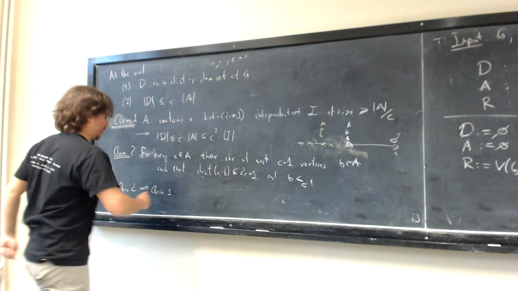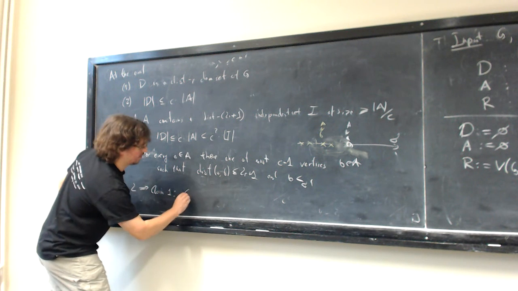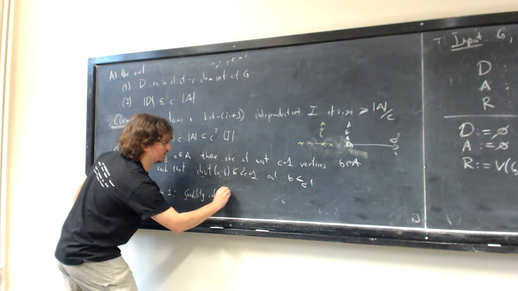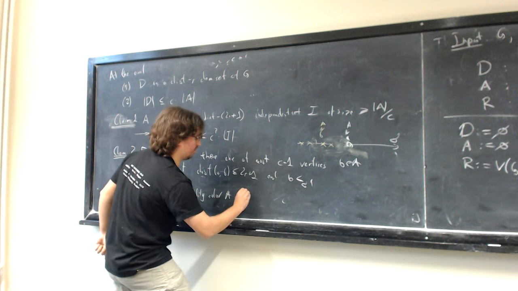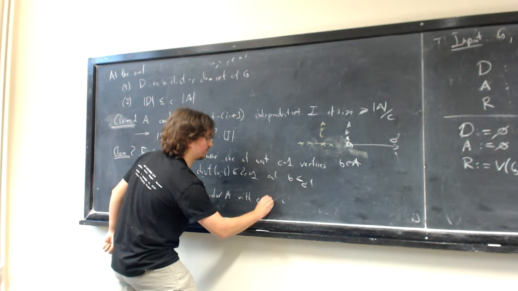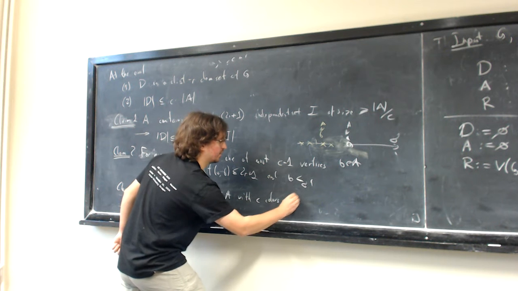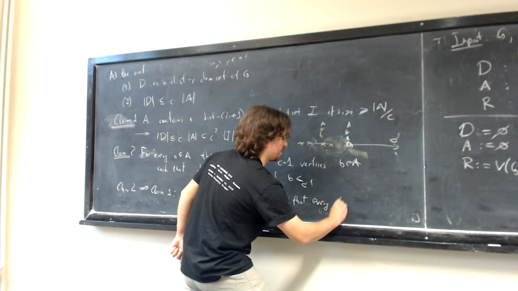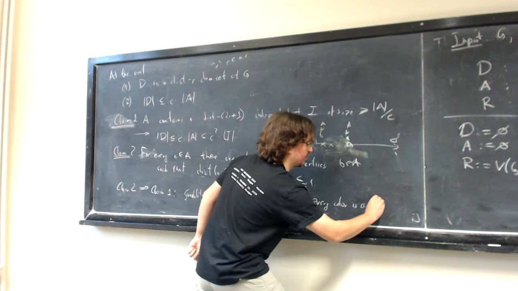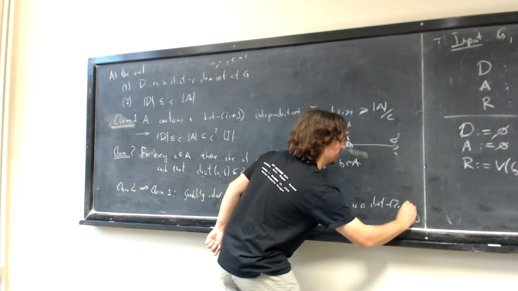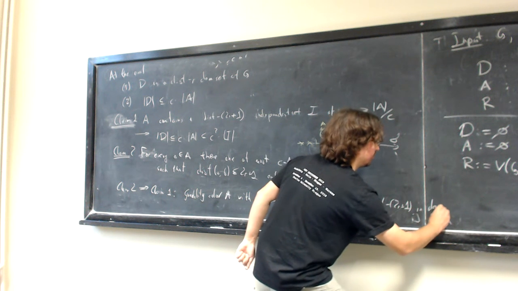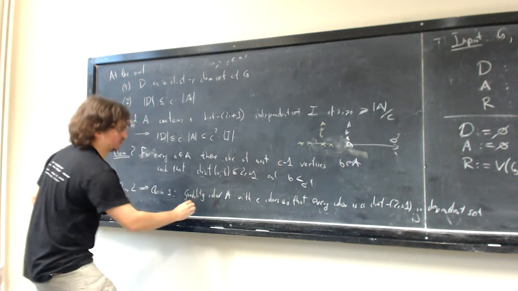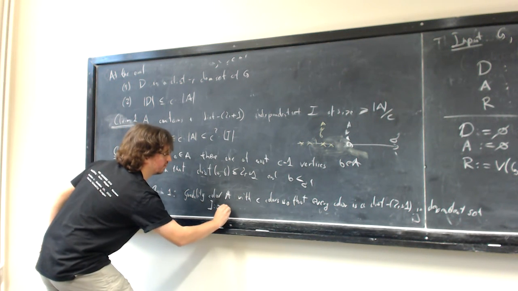So to write it down: greedily color A with C colors so that every color is a distance 2R plus 1 independent set, and we just put I to be the largest color.